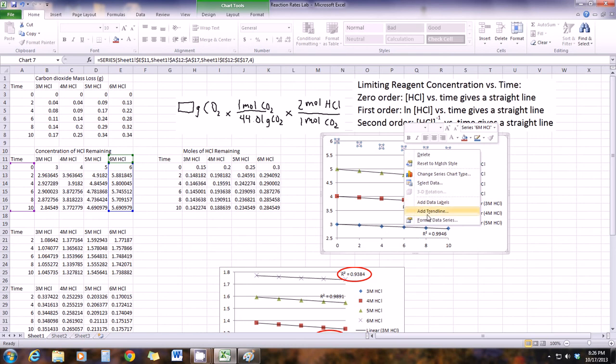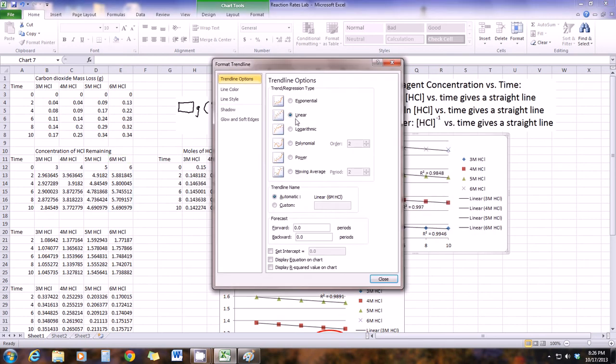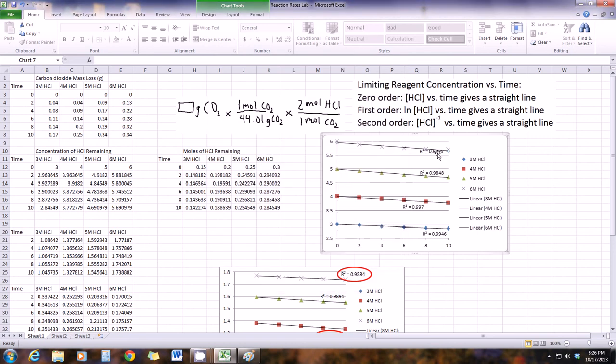Each data set was graphed with a scatter plot, and then I added a trend line, and I needed it to be linear. And then I also displayed the R-square value for each one.